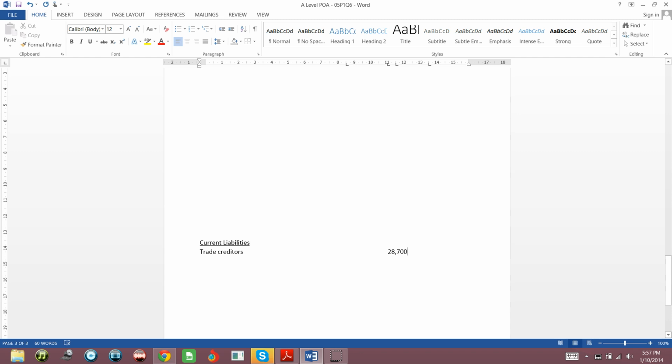Then additional information number 4 says 750 insurance paid in advance. Now you must think, insurance paid in advance means I've paid an insurance company, maybe like AIA, 750 in advance. Is it that I owe AIA or AIA owes me?